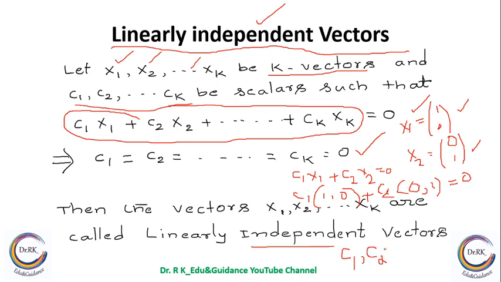That means we get c1 comma c2 equal to 0, and 0 means 0 0. Now what we understand here is c1 equal to 0 and also c2 equal to 0. That means whenever this linear combination becomes 0, we get c1 comma c2 equal to 0. All the scalars are becoming zeros, so these vectors are independent vectors.